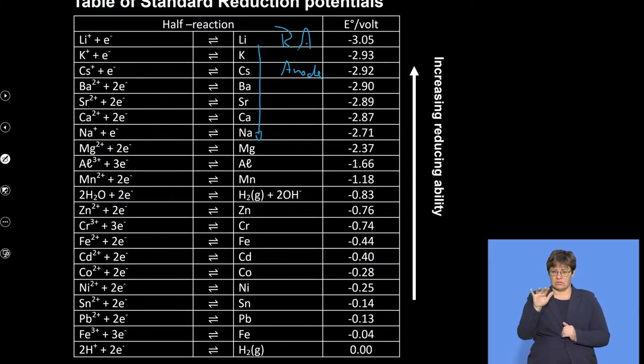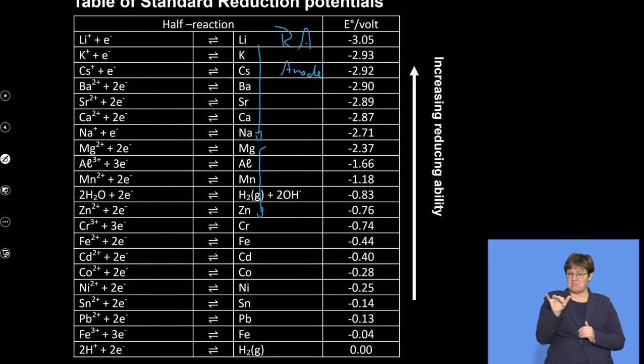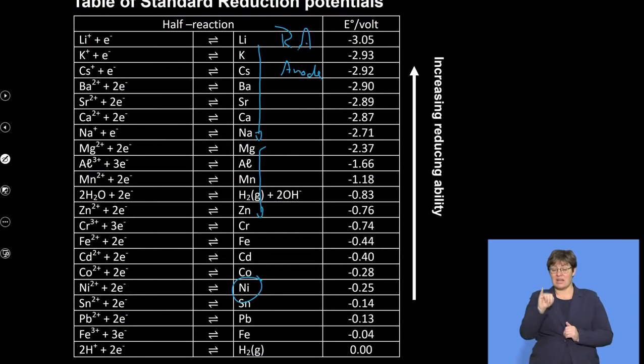And I'm running my finger down the right-hand side, and it can either be silver or nickel. And I haven't seen silver or nickel until I look over there. And that's where I see nickel goes to nickel 2 plus plus 2 electrons. And so there's no doubt in my mind that this is the reaction at the anode, because that's the oxidation reaction.